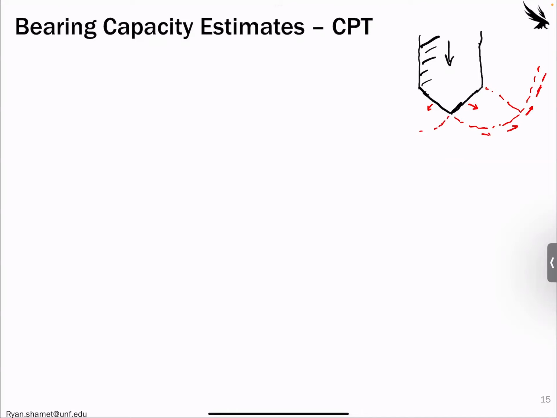It's very similar to the mechanism of bearing capacity, because if you remember from bearing capacity, we have this elastic wedge that is forming anyways, and then that wedge pushes laterally against the soil. So this test is really helpful for estimating the bearing capacity of frictional soils, like that type of soils.